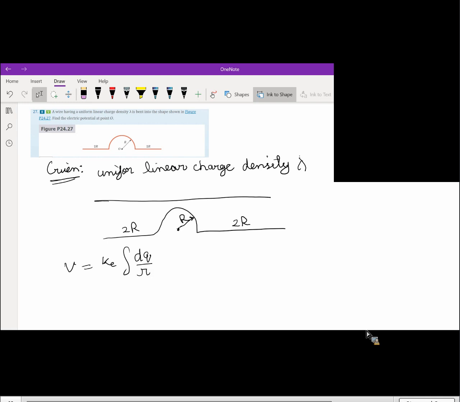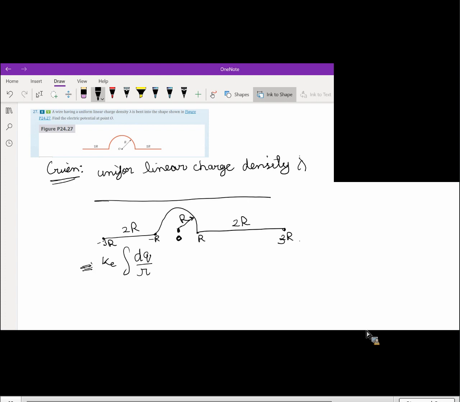Now we can give this as the origin and these things as coordinates, smartly so. Make sense? Where is V? Oh, potential.